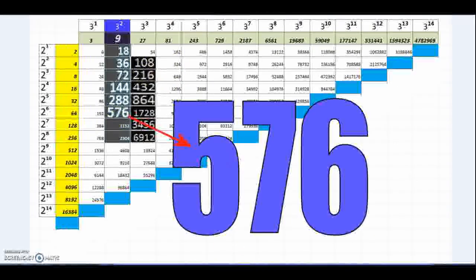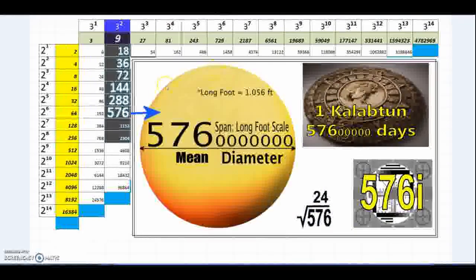So 288 times 2 is 576. Again, we see the sun, the Mayan calendar, 24 squared, and 12 squared is 144, 6 squared is 36.